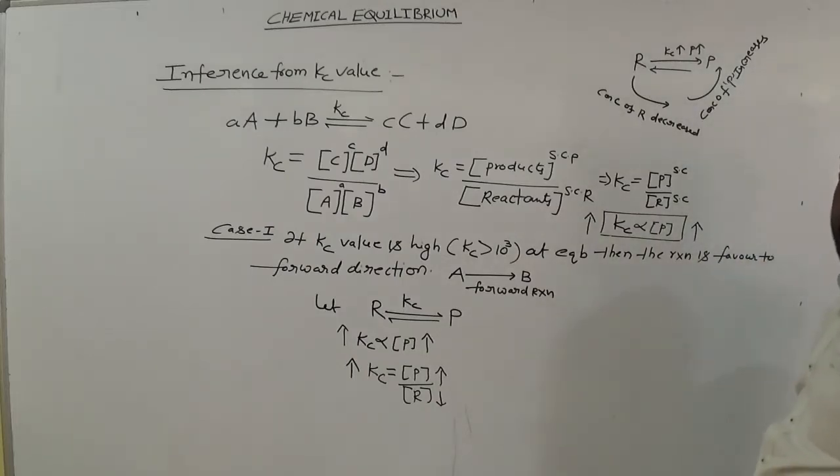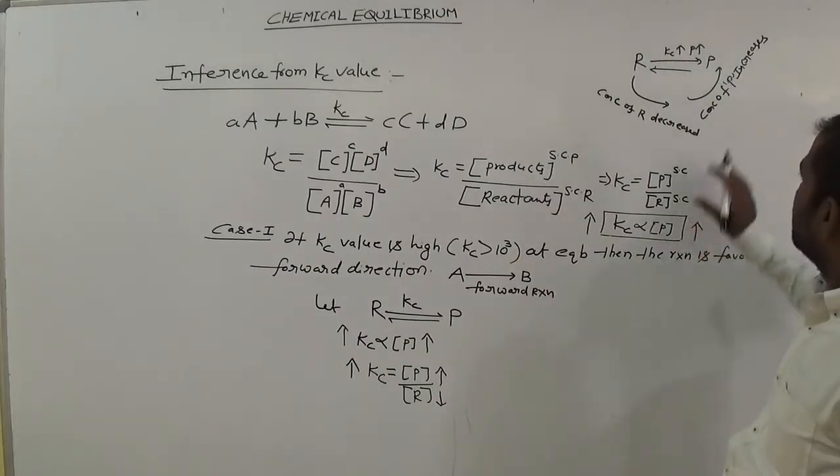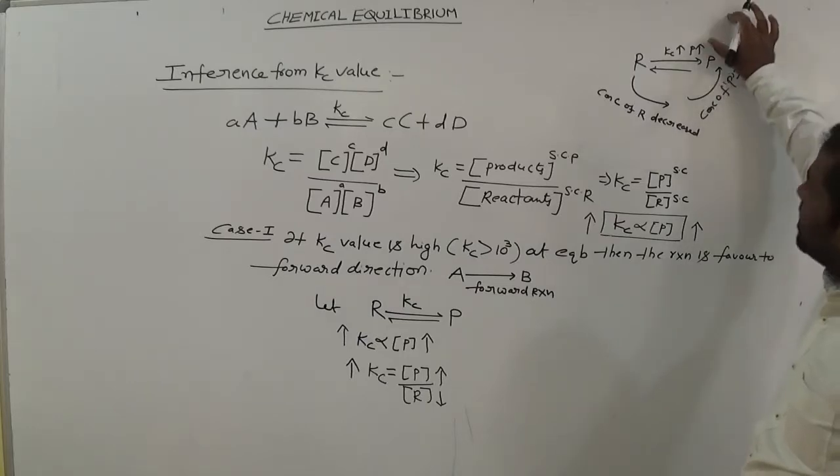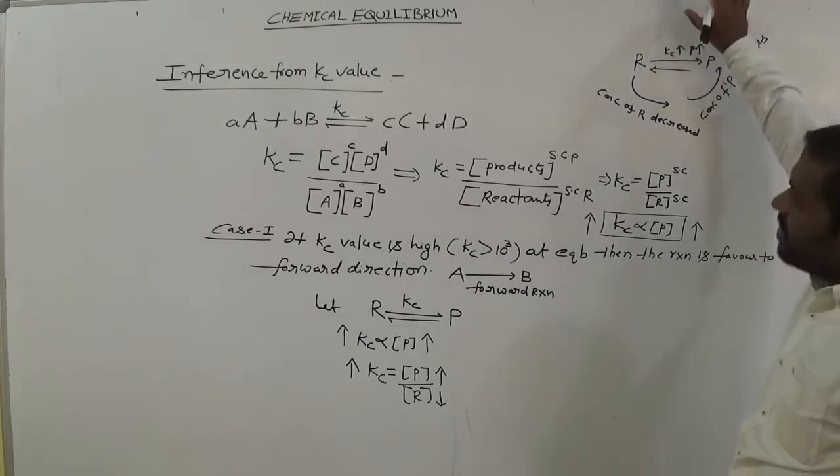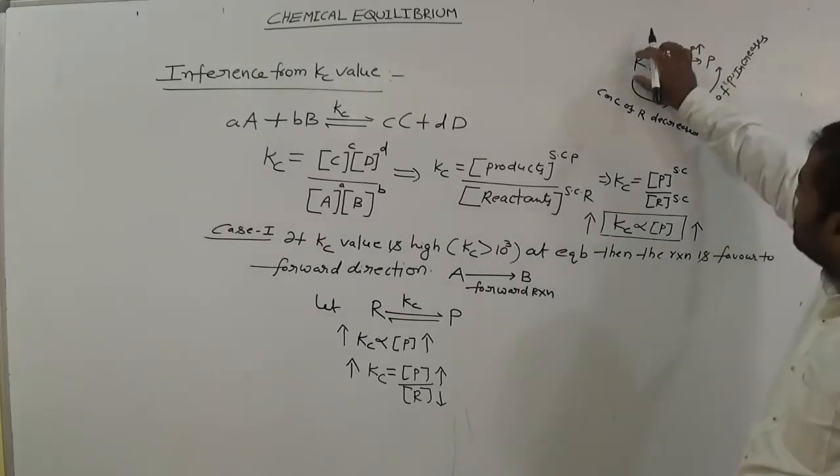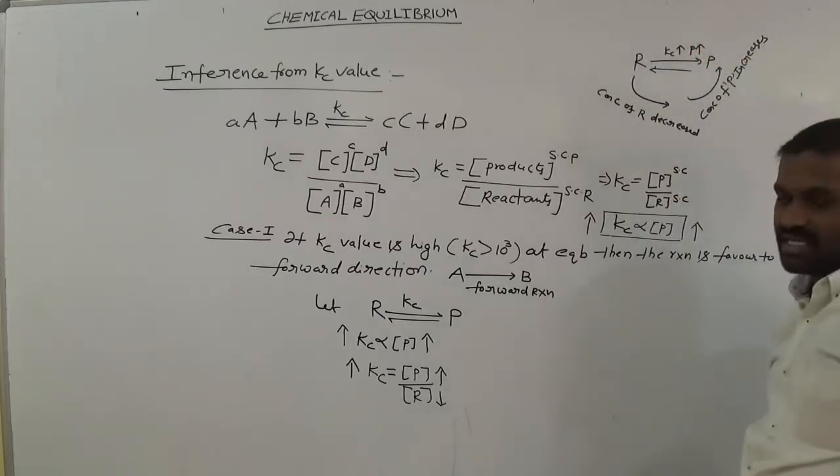So when product concentration increases, the Kc value increases, so the reaction proceeds in the forward direction.